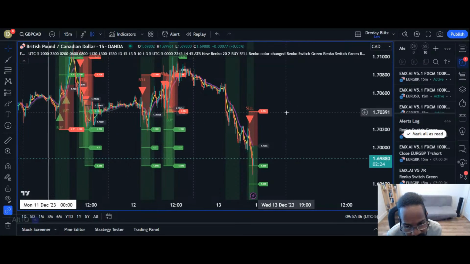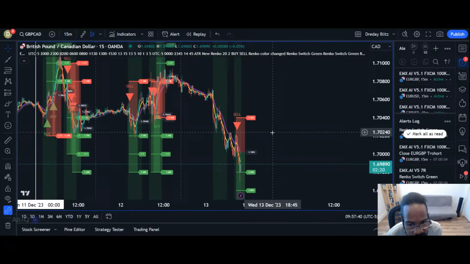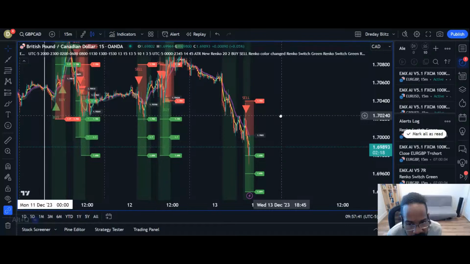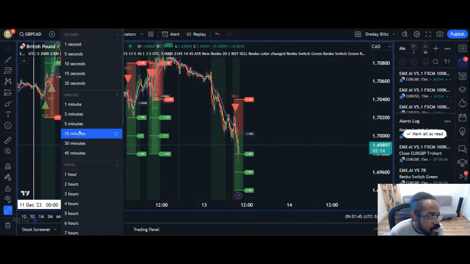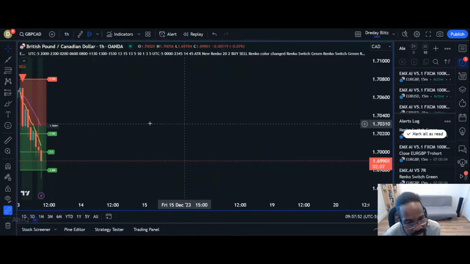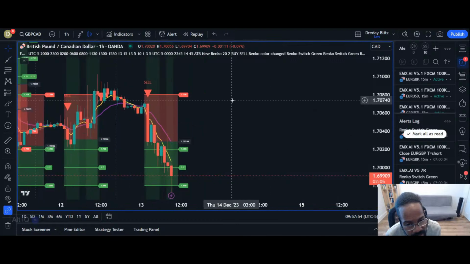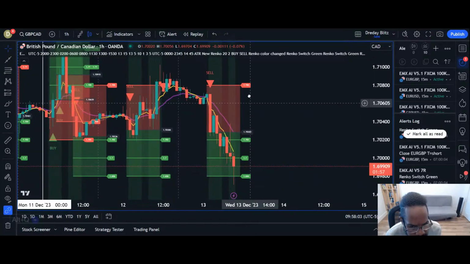So as you could see, the sell is right here, and it already went to TP1. If we look at the 1 hour, yes, we do have a sell here. Pretty sure that was in London, right? Yeah. So London Open, you had a sell.